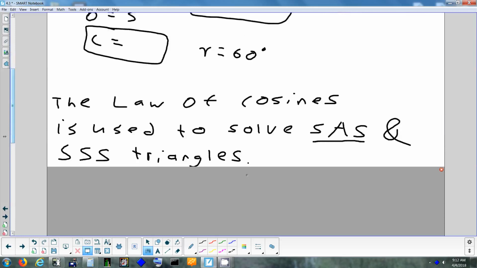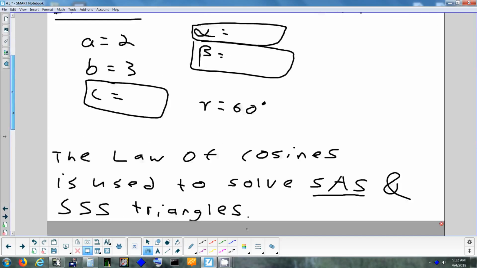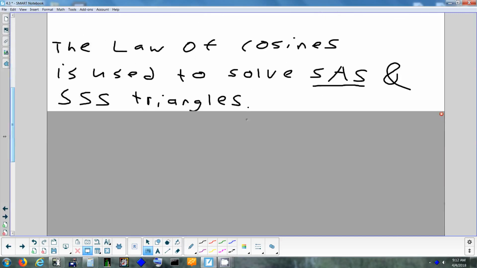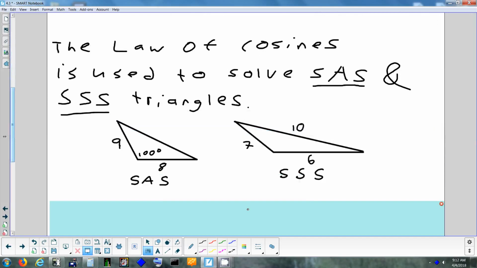Law of cosines is used to solve 2 types: side, angle, side, which is what you have an example of right there, and side, side, side. On the left is an example of side, angle, side. So you know 2 sides and an angle.